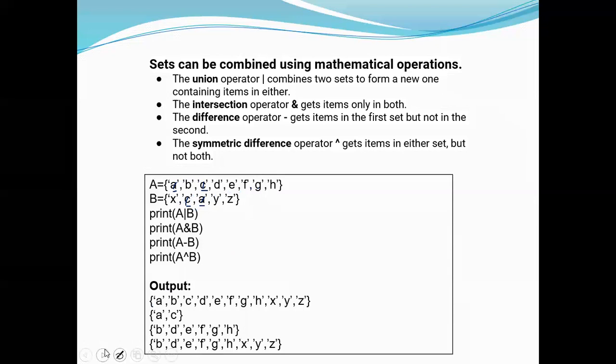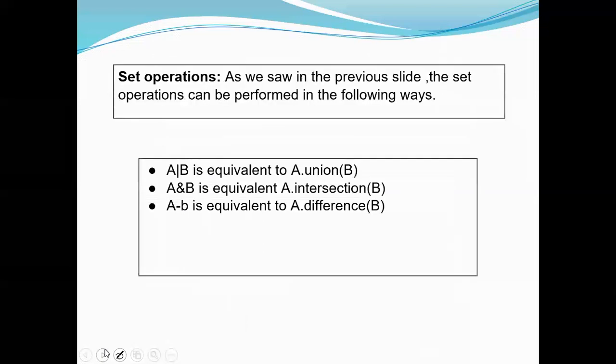Yes. So these are some of the mathematical operations which are present in the Python set data structure also. There are equivalent methods available. For example, A union B is equivalent to A dot union B, so the result will be stored in A itself.